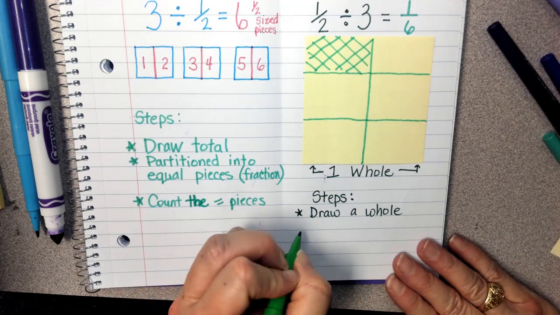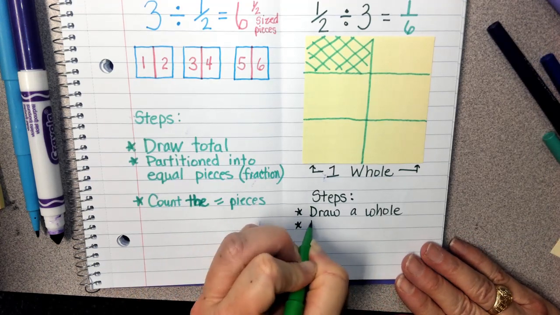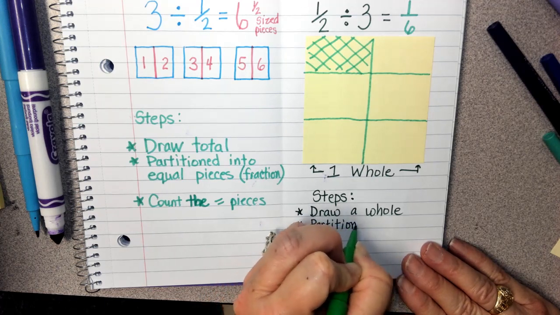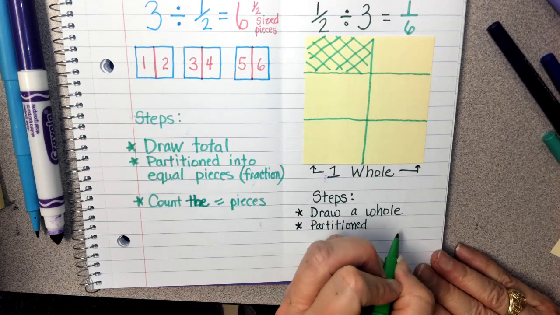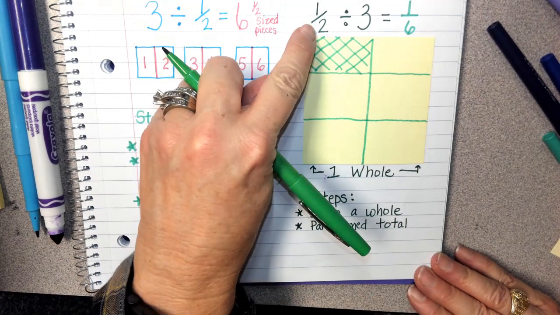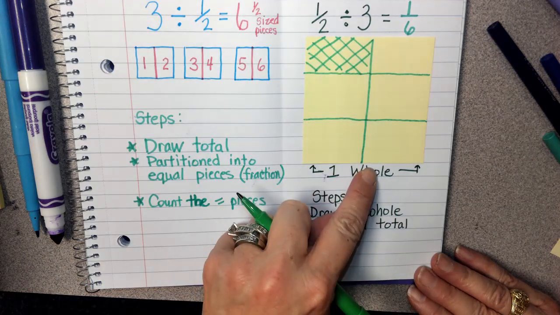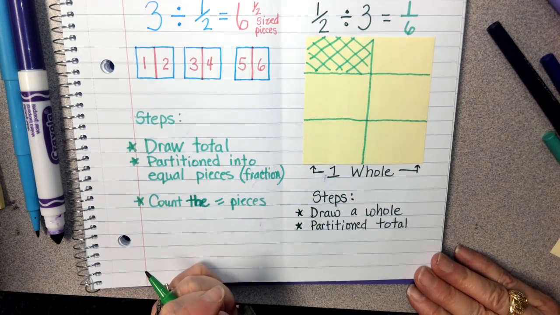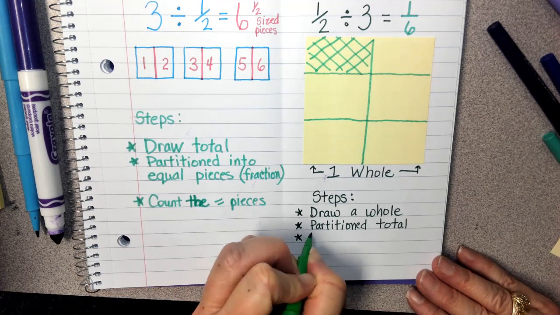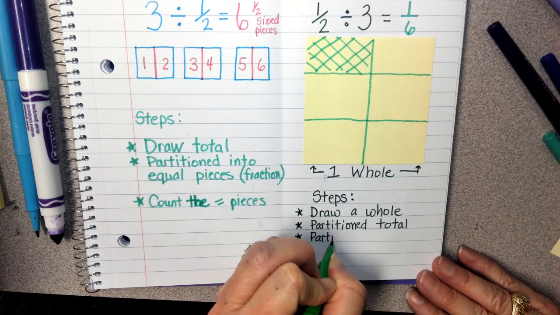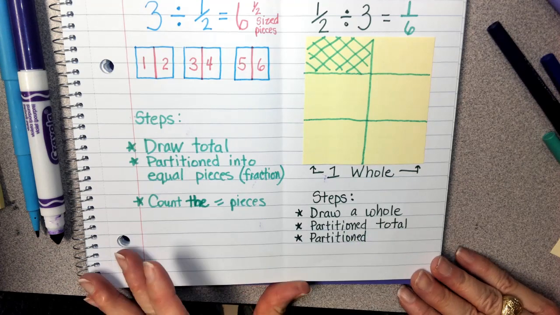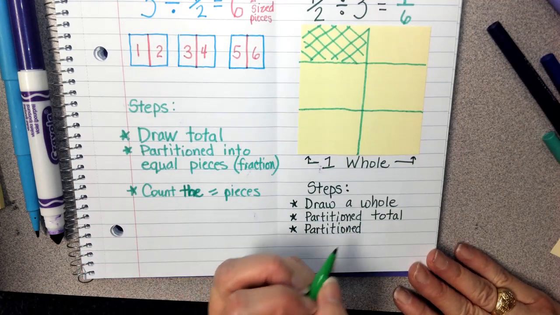And then we partitioned the total. So since I only had a half, I partitioned it in half. And from there, we partitioned again. Kind of makes me think of that cross shading that we did when we used decimals.